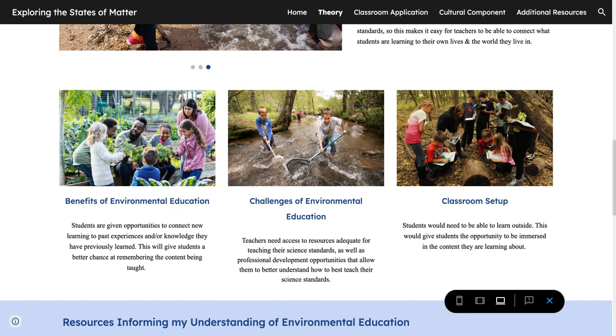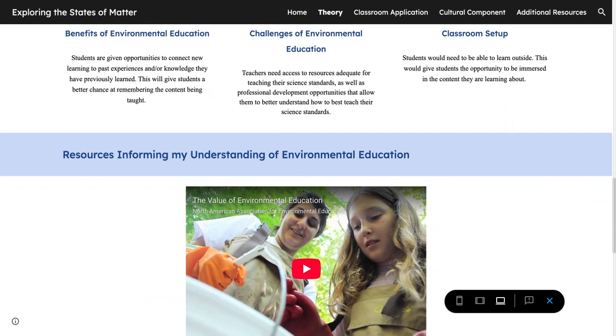And then also just having the adequate resources and planning ahead of time in your science lessons to know what you wanted to do and how you were going to incorporate environmental education. And then the classroom setup, obviously they would need to be outside. They would need to have an opportunity to be interacting with these materials in the real world.